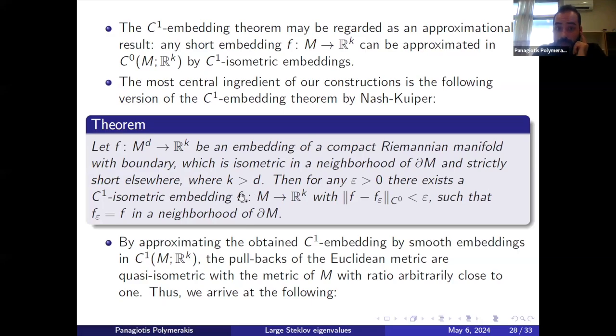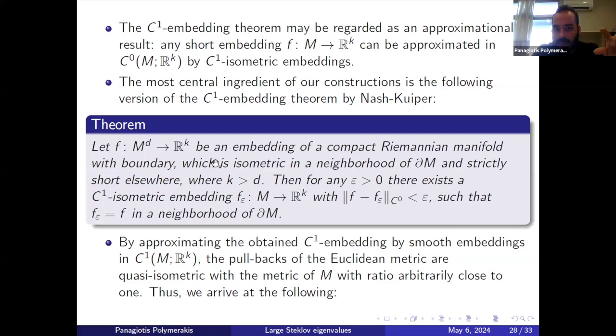Okay, of course, in this case, our C1 isometric embedding coincides with the original embedding in a neighborhood of the boundary, so it is already smooth in a neighborhood of the boundary. So we can approximate it by smooth maps which coincide with the original embedding in a neighborhood of the boundary. And these maps will be C0 close to this C1 isometric embedding, which is already C0 close to the original embedding.